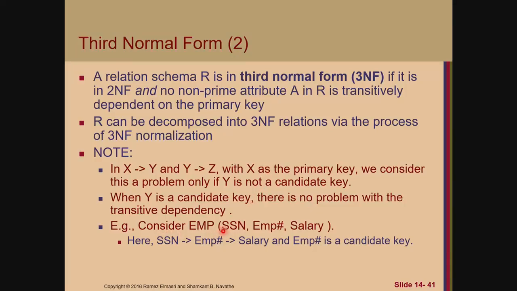Here is consider SSN and employee number. Okay, employee number is also candidate key. SSN is primary key. So actually, we can say that SSN determine employee number and employee number determine salary. But in this case, we don't separate the tables because employee number is candidate key.